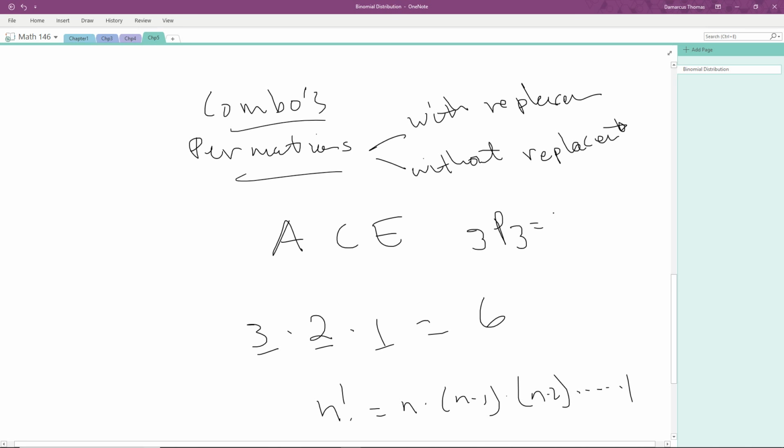The formula is 3 factorial over 3 minus 3 factorial, which is actually 0 factorial, but I believe that's defined as 1. So 3 factorial should be 3 times 2 times 1, which is just 6. Let's work it out and see what happens.